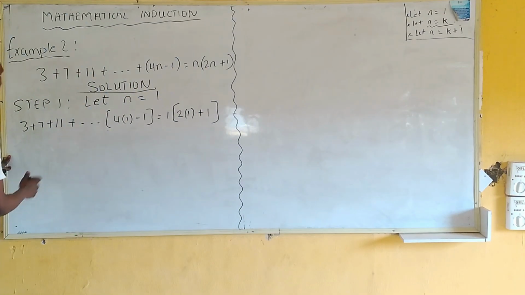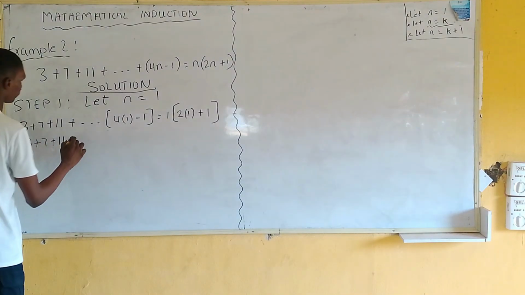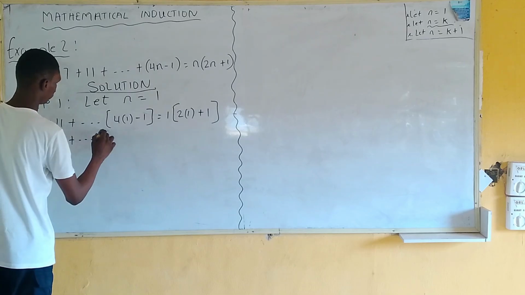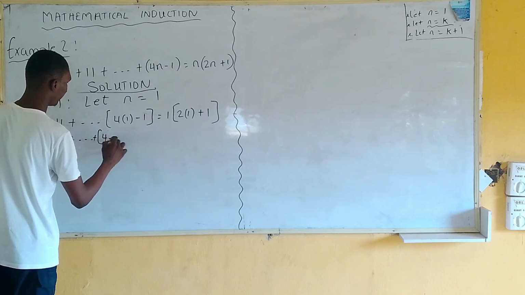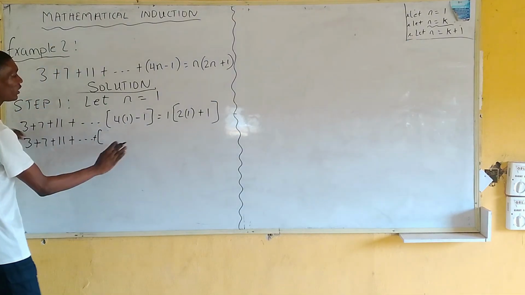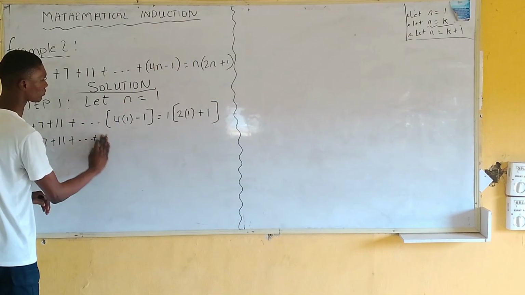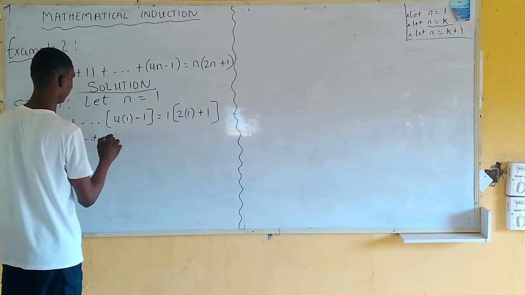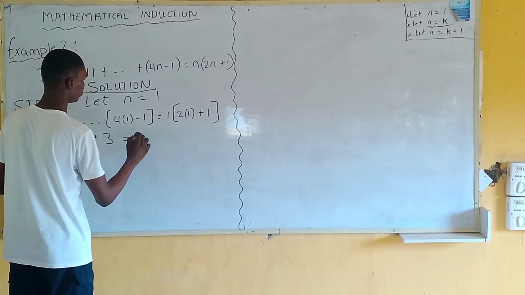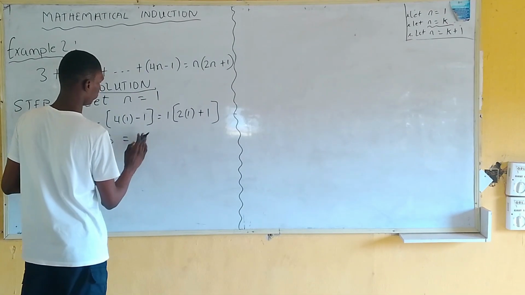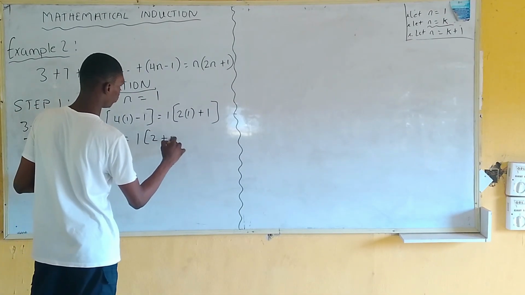So we can then say 3 plus 7 plus 11 plus dot dot dot plus (4 minus 1). Direct: 4 minus 1 is 3. So this will give us plus 3 is equal to 1(2 plus 1).